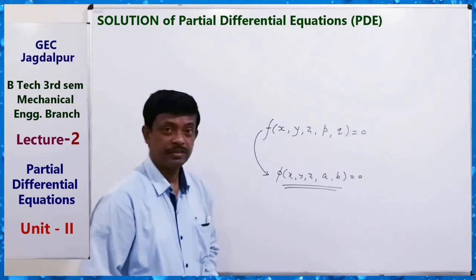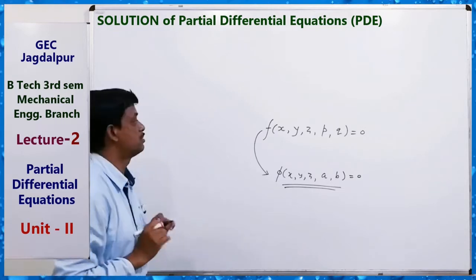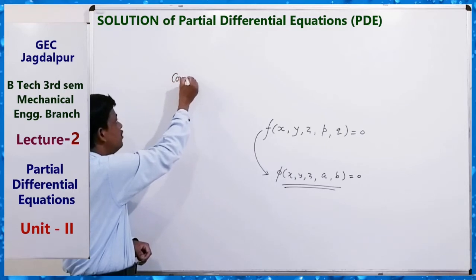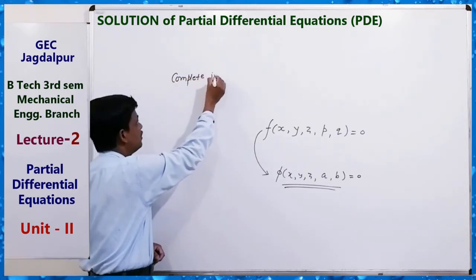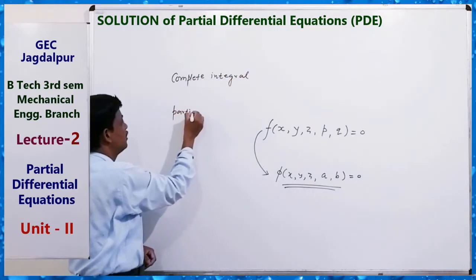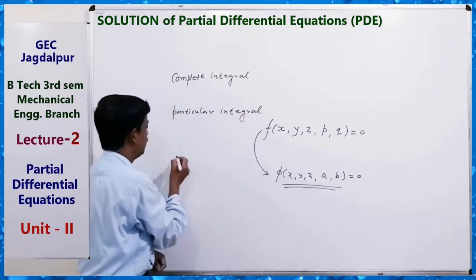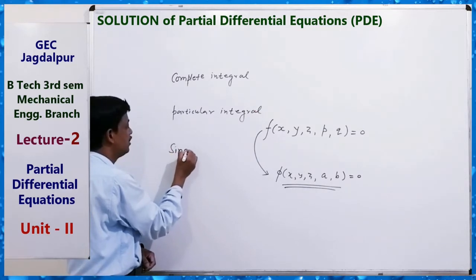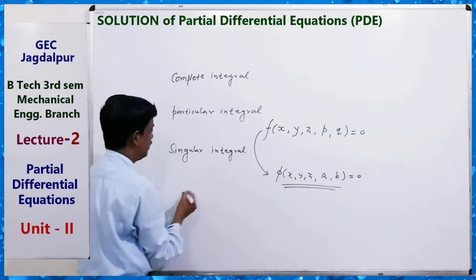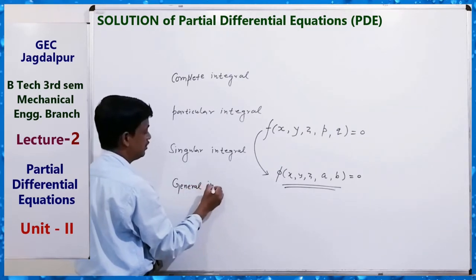Now there are 3-4 types of solutions, and we are naming them. First, complete integral, then particular integral, then singular integral, and also general integral.